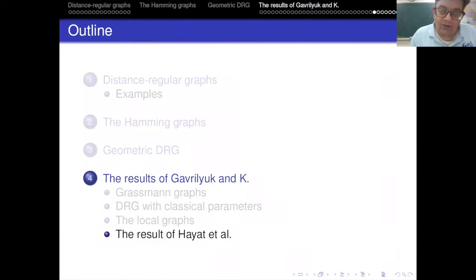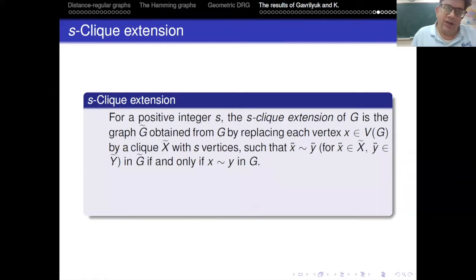So now I will discuss the local graphs. We will discuss the results by Sakana, Hayat, and others. So we need the S-clique extension of a graph.